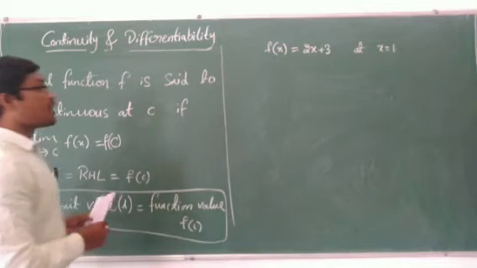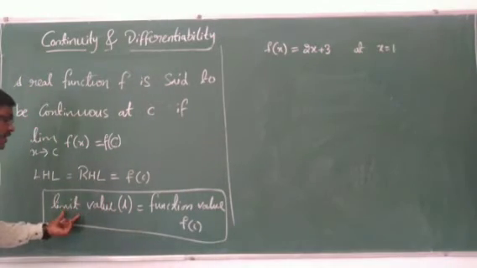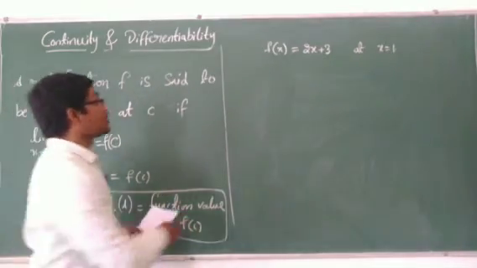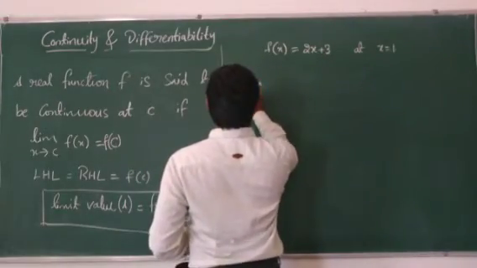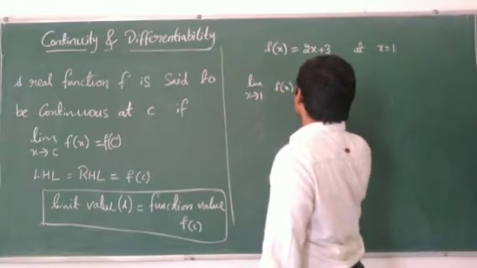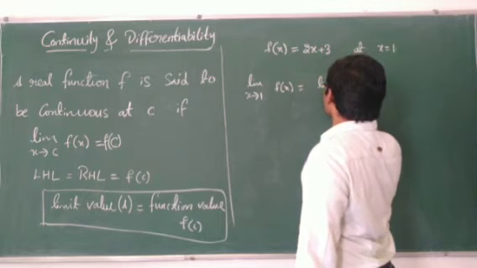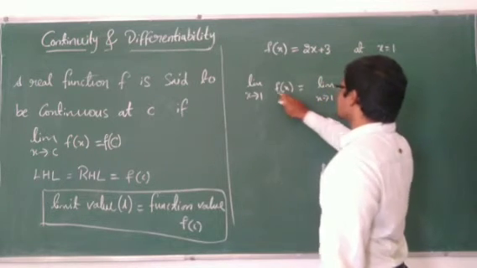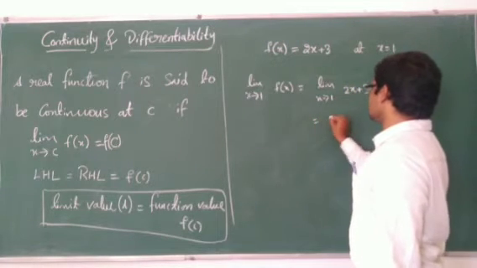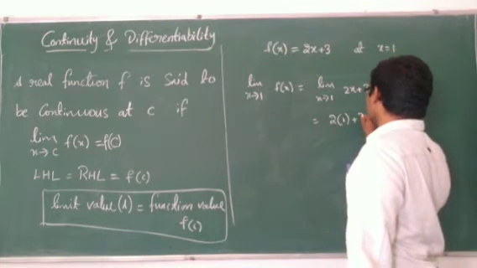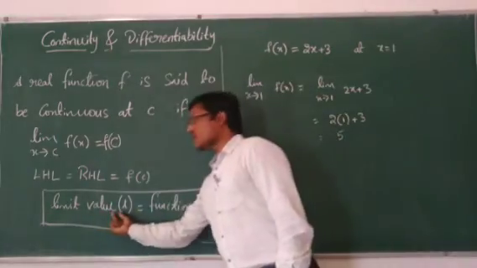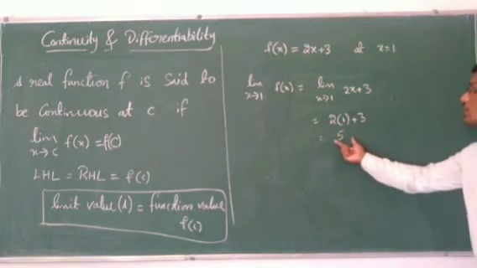To check the continuity, what do we need to do? We need to check whether the limit value is equal to the function value or not. First find the limit. Limit x tends to 1 of f of x is equal to limit x tends to 1 of 2x plus 3, which is equal to 2 into 1 plus 3, which is equal to 5. So the limit value is equal to 5.